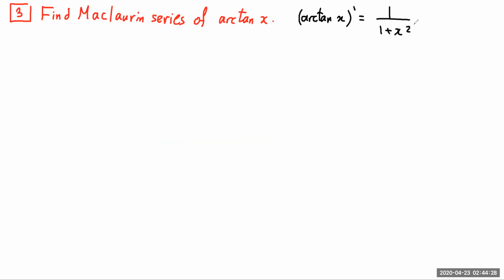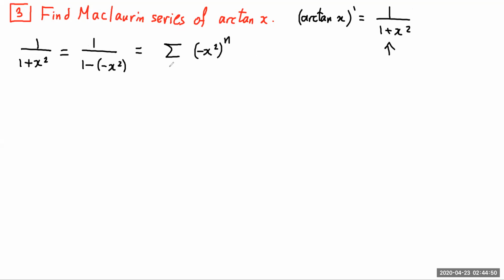So let's think about the Maclaurin series of this function, 1 over 1 + x^2. It could be written as 1 over 1 - (-x^2), so I can write sigma of (-x^2)^n from 0 to infinity, which is sigma of (-1)^n times x^(2n) from 0 to infinity.